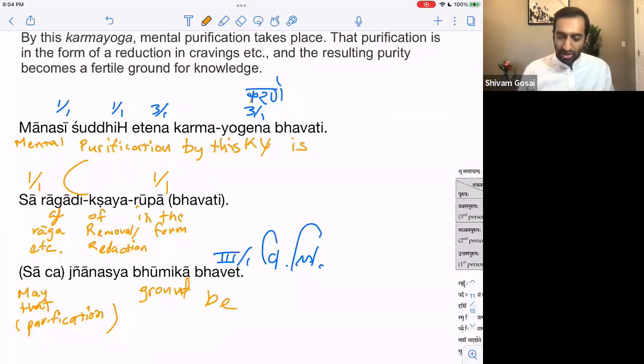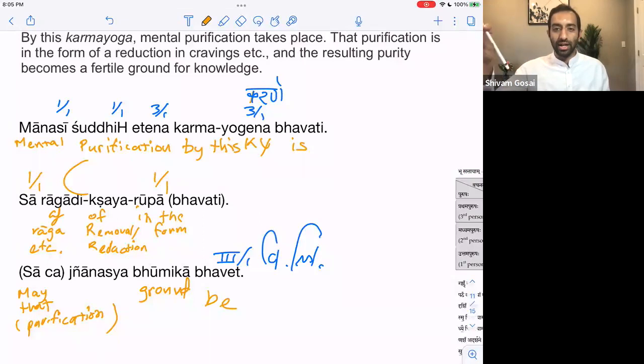Ground of what? Jnanasya, of knowledge. Jnanasya, the pratipadika is jnanam, akaranta napumsakalinga, like phalam, shashti vibhakti ekavachanam, sambandhe shashti.